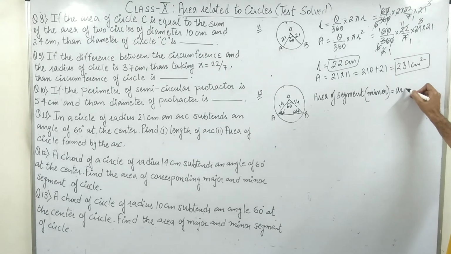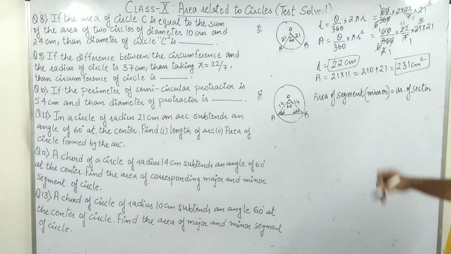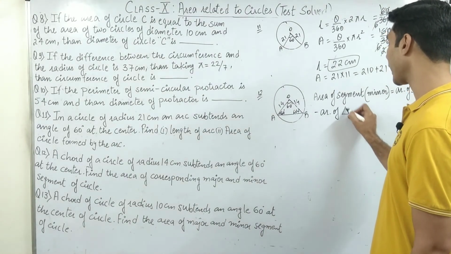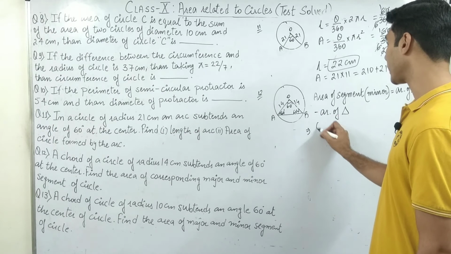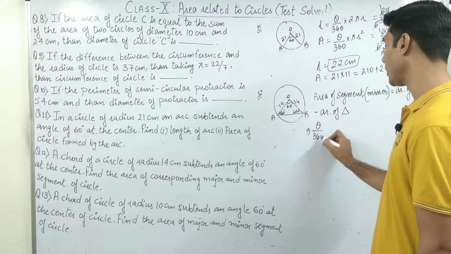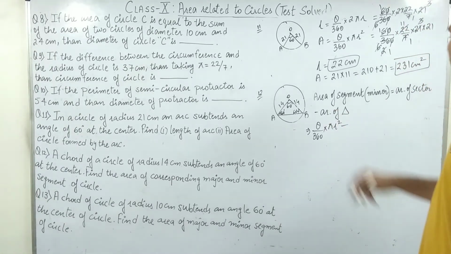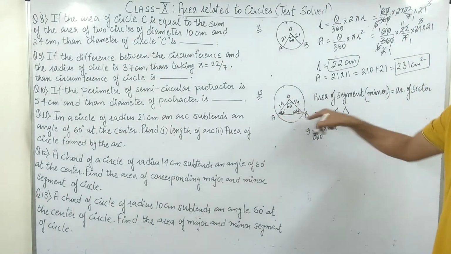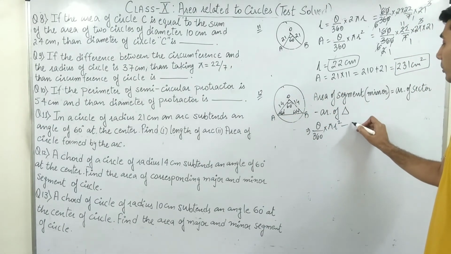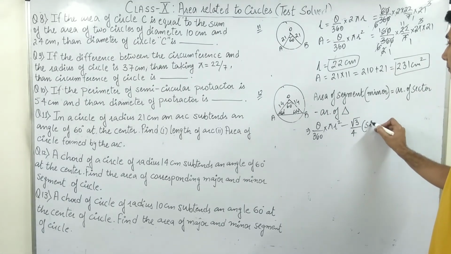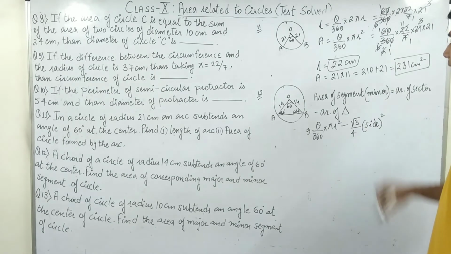So area of sector minus area of triangle. What is the area of sector? It is theta upon 360 into pi r square, minus the area of the triangle. Since it's an equilateral triangle, what is the formula for an equilateral triangle? √3 upon 4 side square.